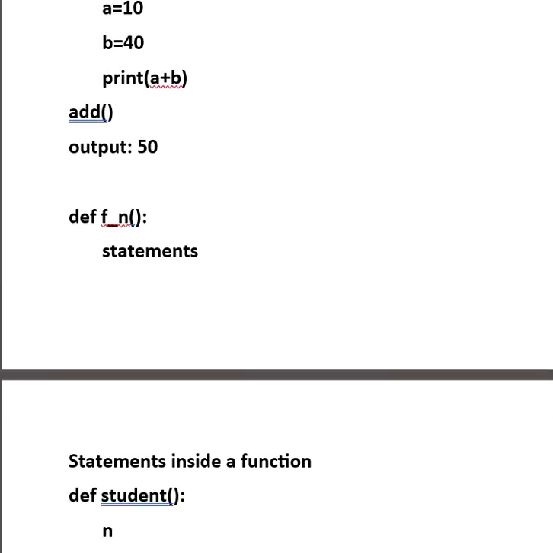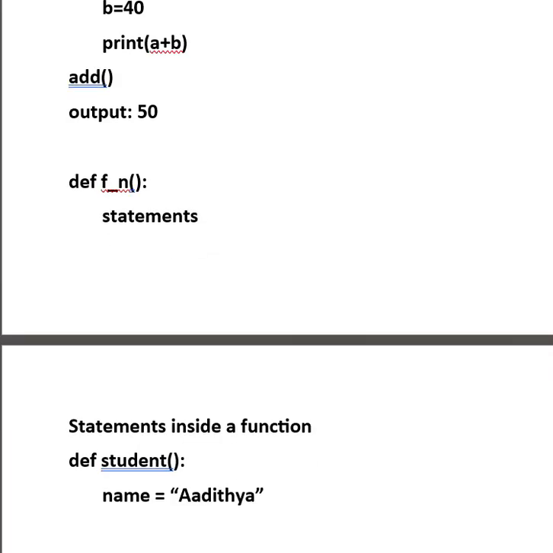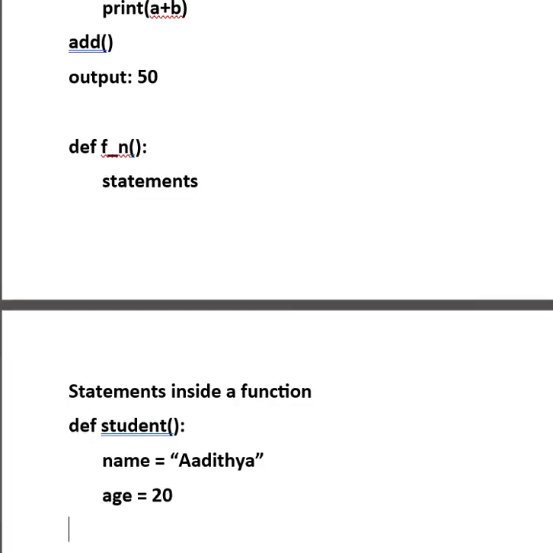I'm going to take a variable name is equal to Aditya, and another variable age is equal to 20, and I'm going to print both of the variables.